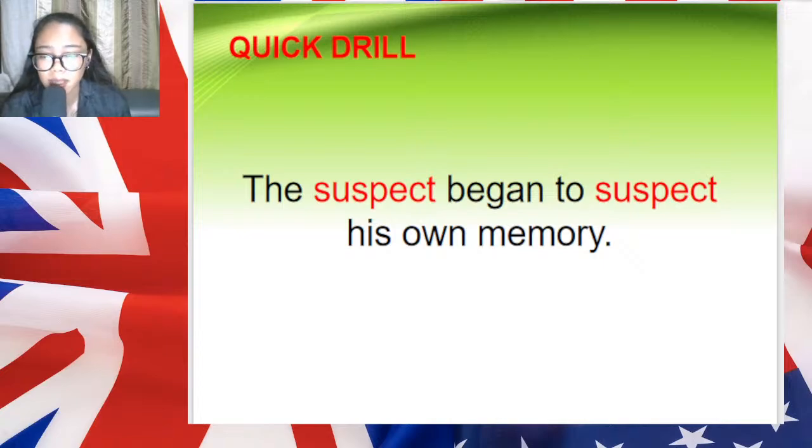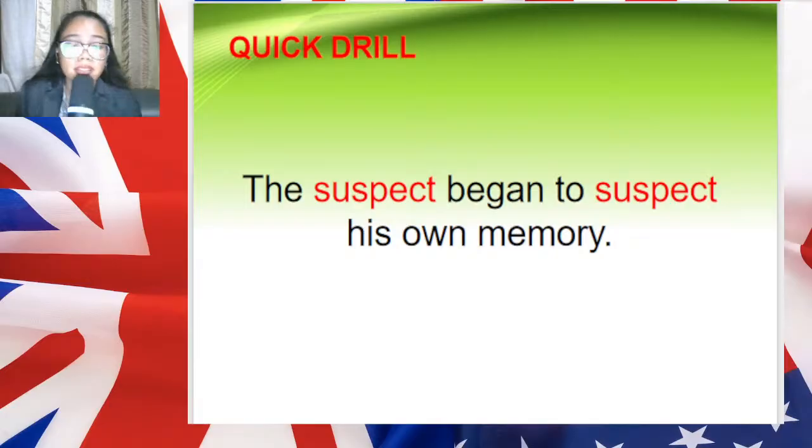So suspect here is considered a noun, with the first syllable stressed. It refers to a person, someone under suspicion, perhaps in a police investigation. That's suspect.